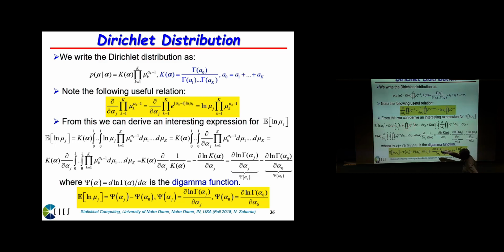That's my distribution. Put log of mu and do integration. That's what expectation is. And then you need to use a simple formula that says that the derivative of this product with respect to each of the alpha j's is log of mu j times this product. If you do this, immediately you come up with the result on the bottom.